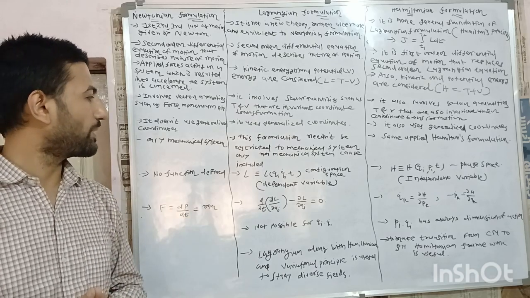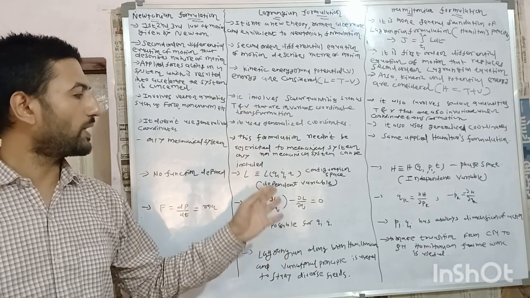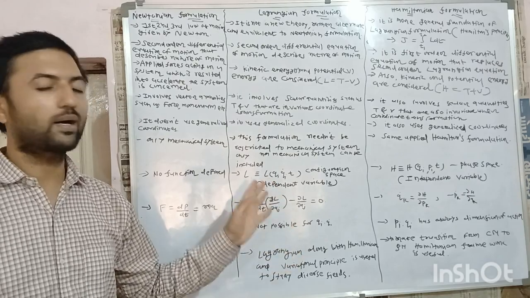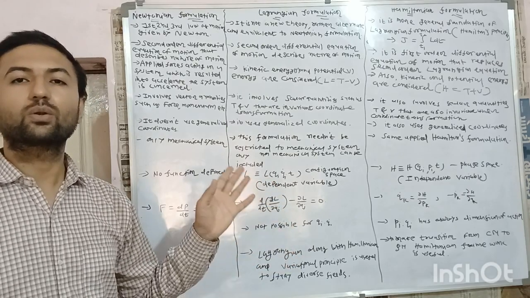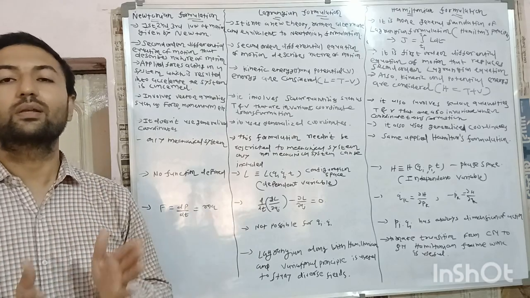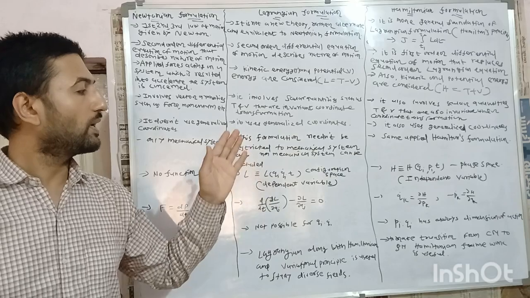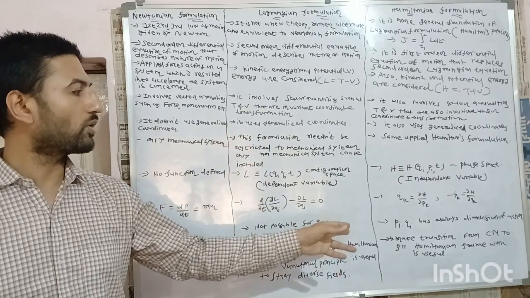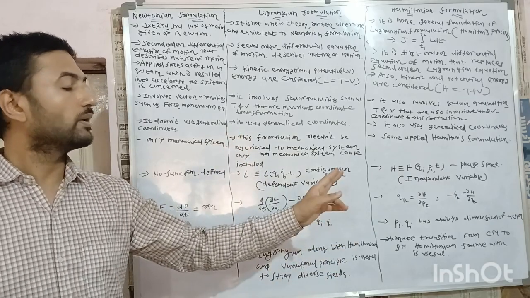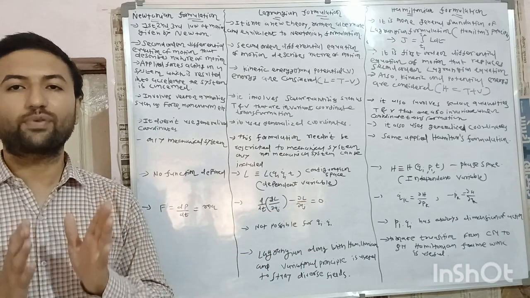The next point of discrepancy is that the product of qi and qi dot in the Lagrangian formulation is not giving us the dimension of action. This is another limitation of the Lagrangian over the Hamiltonian, while in the Hamiltonian formulation the product of pi and qi gives us the dimension of action.